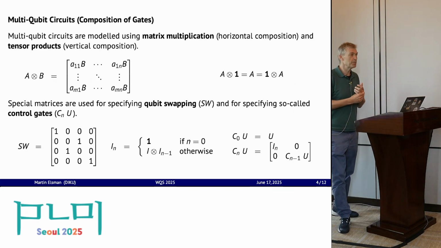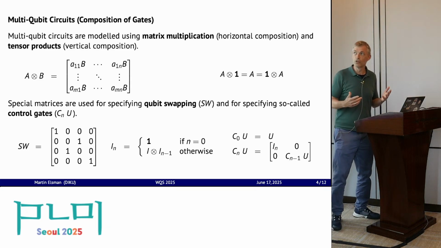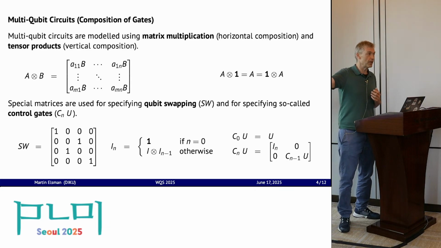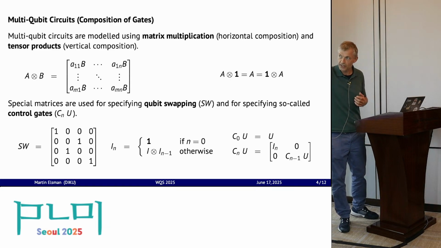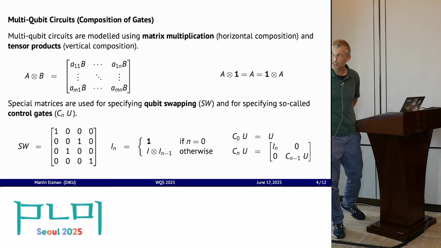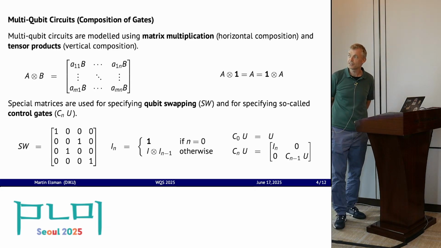When we want to specify the semantics of multi-qubit circuits, we basically define it in terms of the Kronecker product, the tensor product, A times B, and we use this block notation here. This is a usual definition, and it comes with various properties.